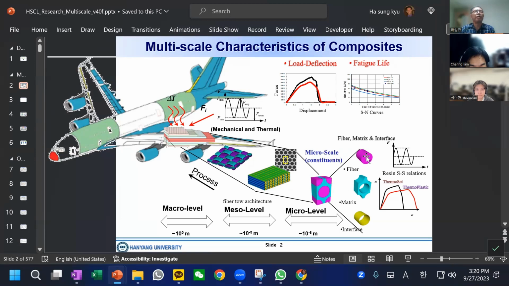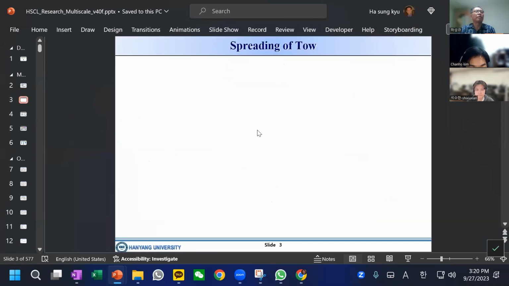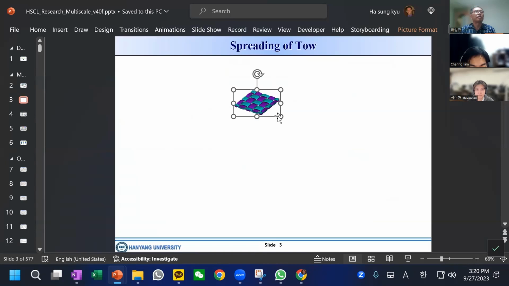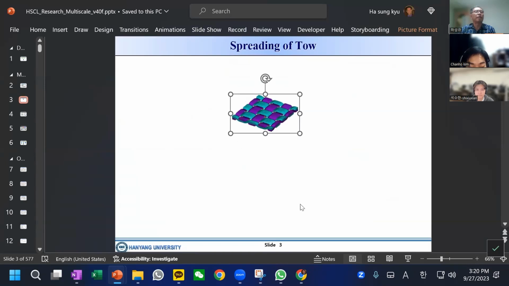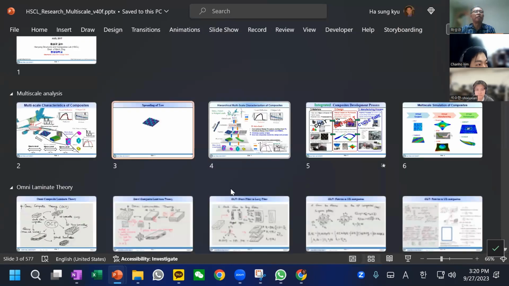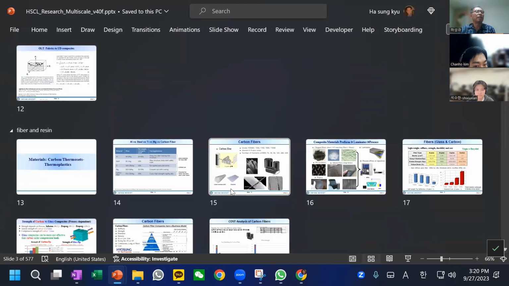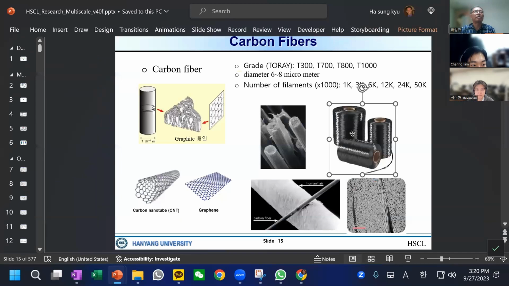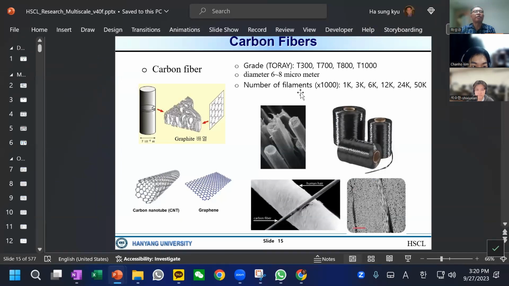Here we show the fiber and resin, and this woven, as I mentioned last week, is made by very different types of tow: 1K, 3K, 6K, and 12K, meaning that for each tow, don't forget please, this is called a tow.